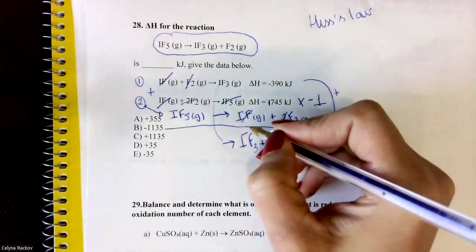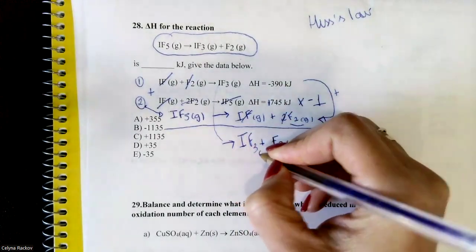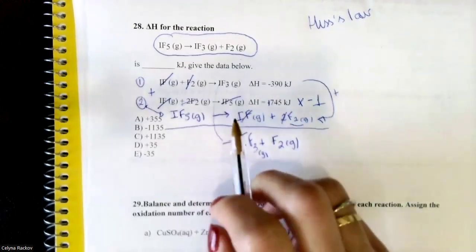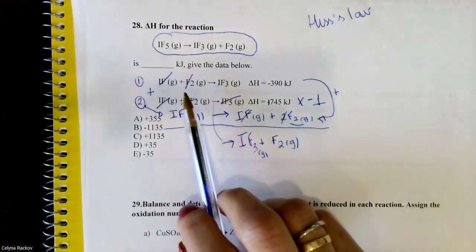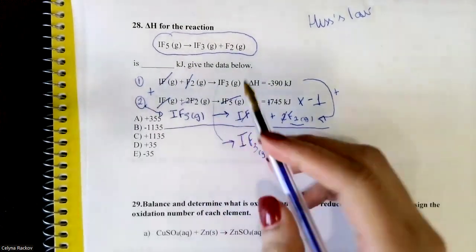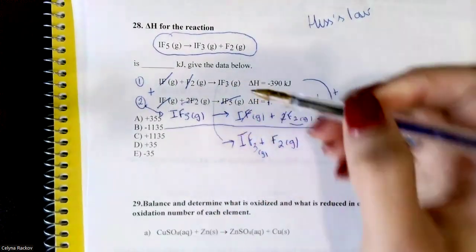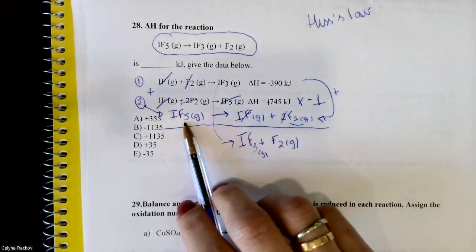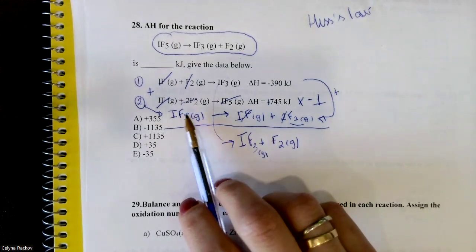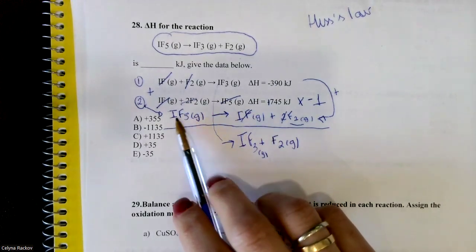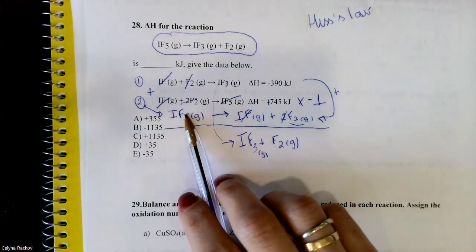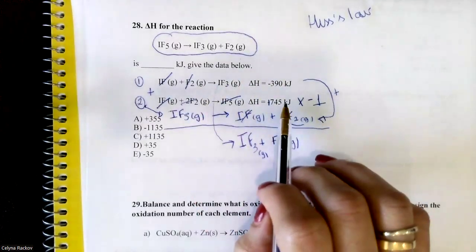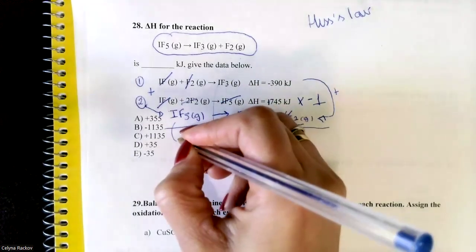It's getting close. All right, and then the next one is in the second reaction after you flip, right? You have iodine pentafluoride, and you do not have anything else to cancel out. So just repeat it here.